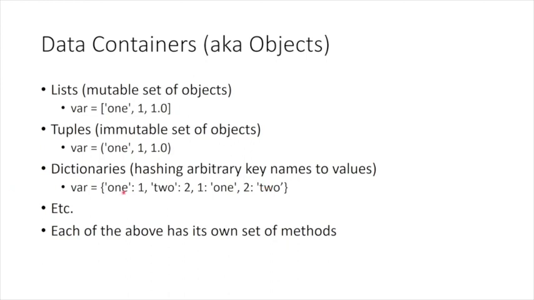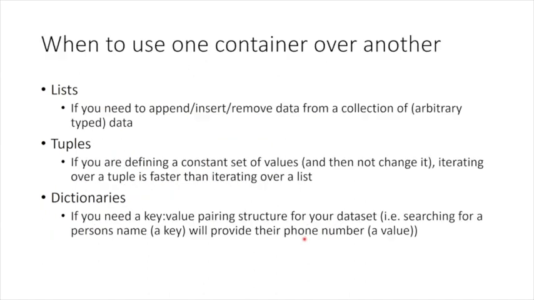This is kind of confusing, but in any case, the point is that a dictionary matches an arbitrary key to an arbitrary value. This is very useful if you have, say, some sort of patient dictionary where you want to match patient names to their addresses, or patient names to some other key value. And each of the above has its own set of methods, which we'll walk through in the next few slides.